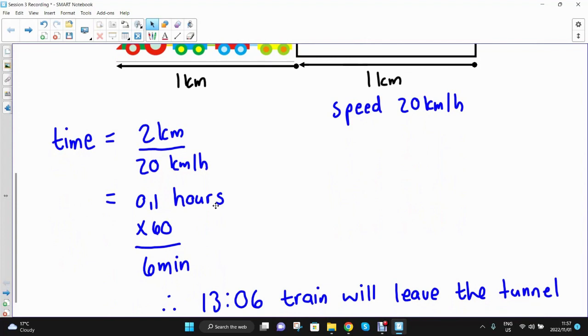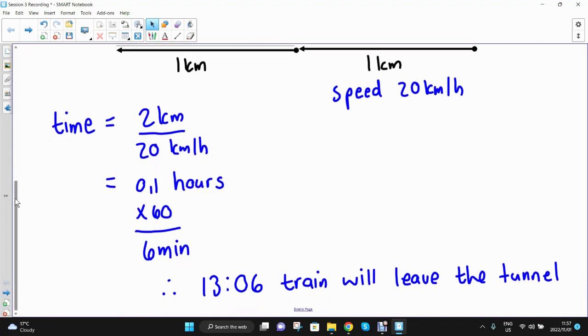Okay, remember, be careful. The units that you are working in will be the units of your answer. So you can see that it's kilometers per hour, so your hours will be given after that calculation. You then want to take that and times it by 60 to convert it to minutes. Okay, and that gives you 6 minutes. So that means it takes the train 6 minutes to travel 2 kilometers.